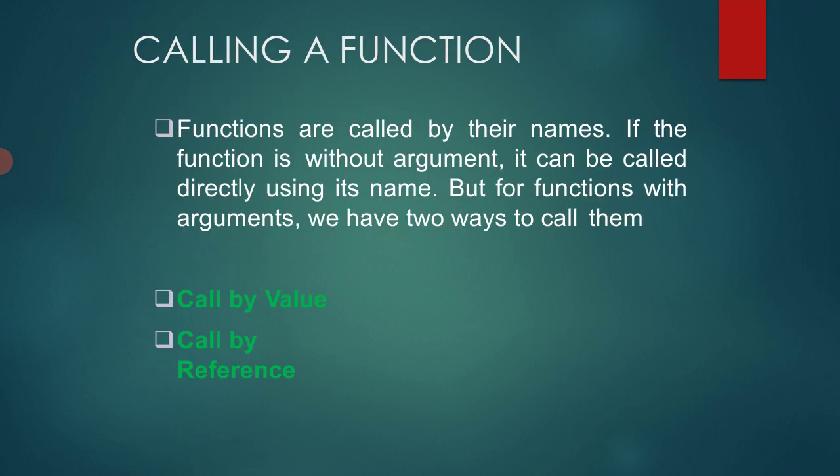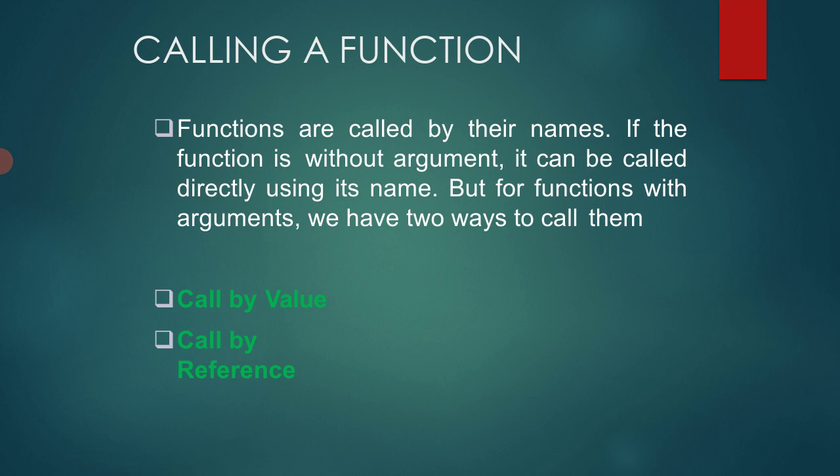So with this, students, we have finished the topic of functions. In today's lecture we have studied what a function is, how we can declare a function, how we can define a function, and what the syntax is to declare and define a function.